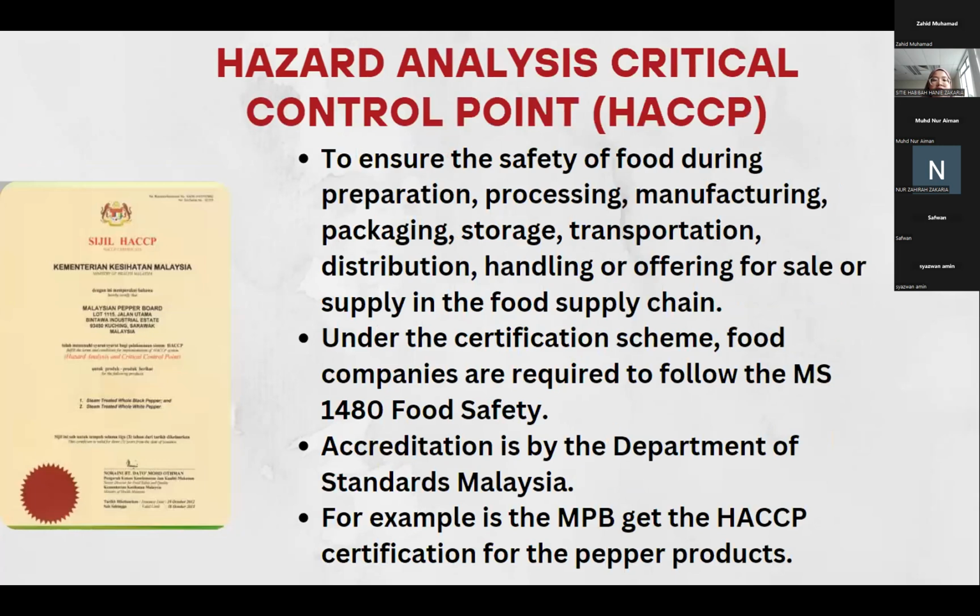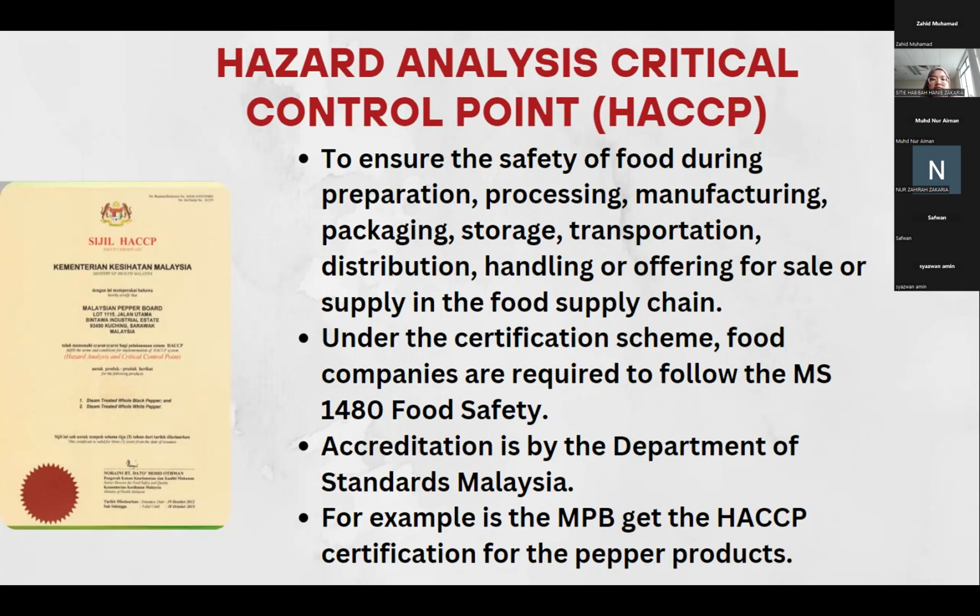The last of downstream, we have hazard analysis critical control point, which is HACCP. This is to ensure the safety of food during preparation, processing, manufacturing, packaging, storage, transportation, distribution, handling, or offering for sale or supply in the food supply chain.